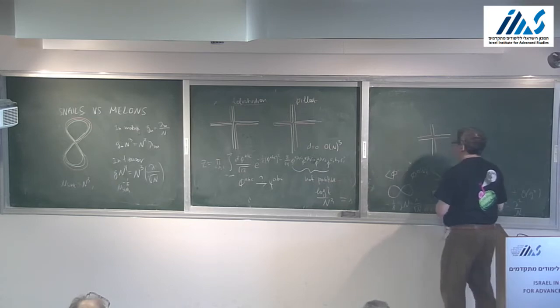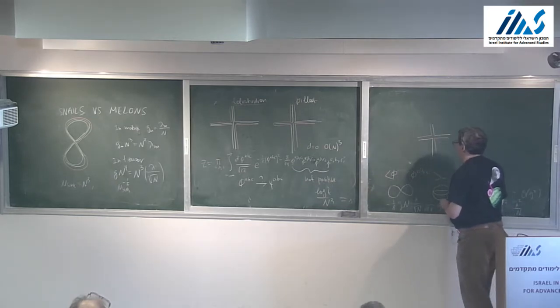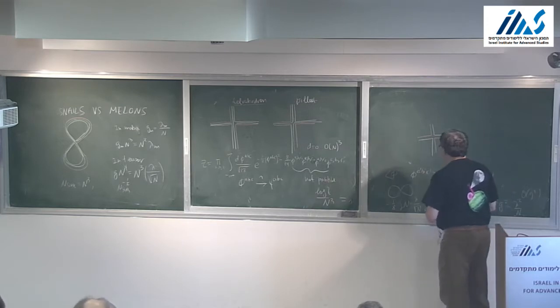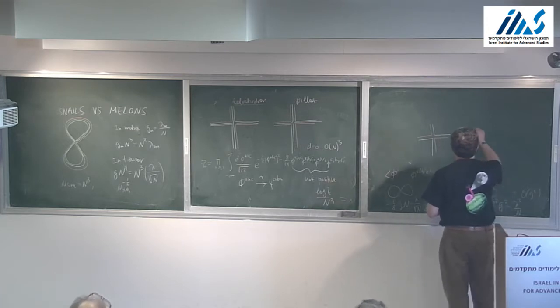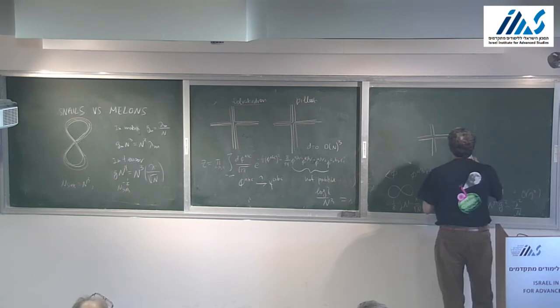Maybe I'll just leave this as an exercise. You basically want to convert this graph to the tensor one. I think I should draw it like this.